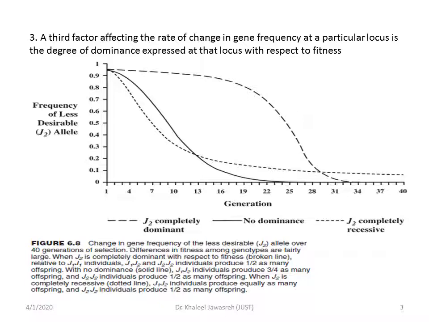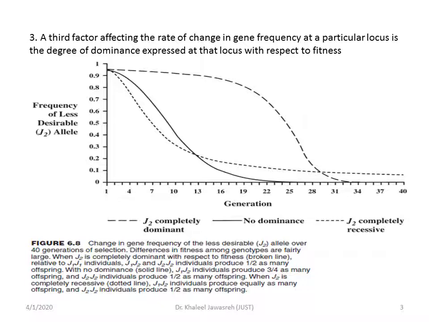With no dominance, which is the solid line, J1J2 individuals produce three quarters as many offspring, and J2J2 individuals produce half as many offspring, or 50%. When J2 is completely recessive, which is the dotted line here, J1J1 and J1J2 individuals produce equally as many offspring, and J2J2 individuals produce 50% as many offspring.